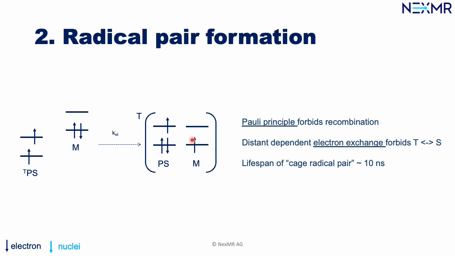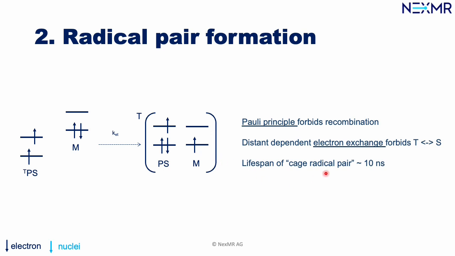So we would need this system to become a singlet state by having one electron flip, but this is forbidden as well because there is something called the electron exchange coupling that forbids the triplet-singlet state mixing. And this electron exchange is distance dependent, so as long as those molecules are close to each other, they cannot have this triplet to singlet mixing.